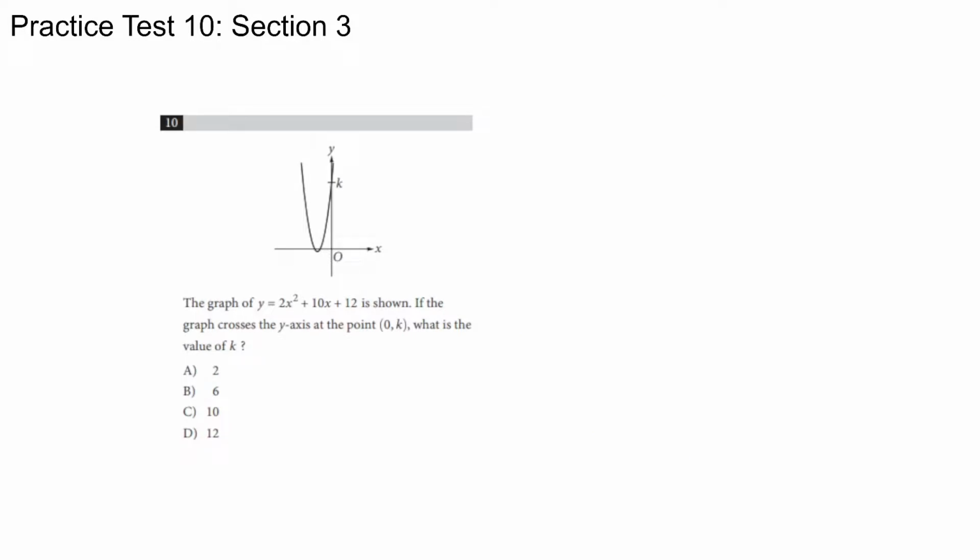Number 10 gives me a parabola and says the graph of y is equal to 2x squared plus 10x plus 12 is shown. If the graph crosses the y-axis at point (0, k), what is the value of k? The equation they give us is written in standard form.